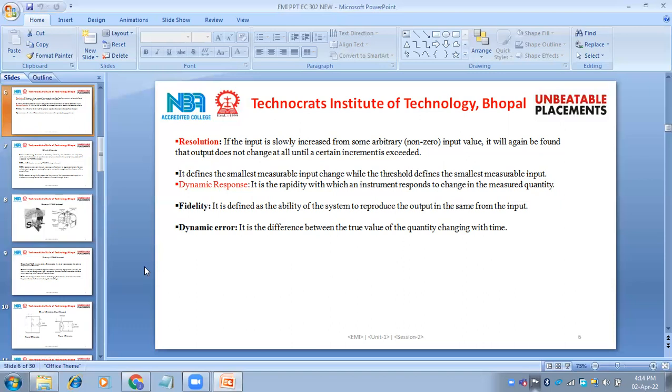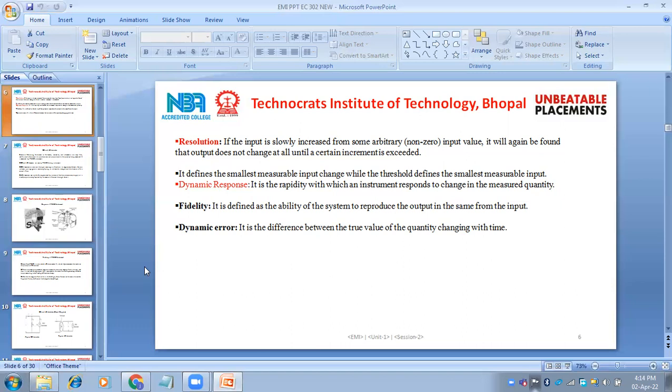In that case, if we are applying some input, like an input voltage between 0 to 5 volt DC, and finally we are getting output. So a minimum variation is required with respect to input, and we increase the range from 0 to 1 volt, 1 to 2 millivolt, 2 volt.